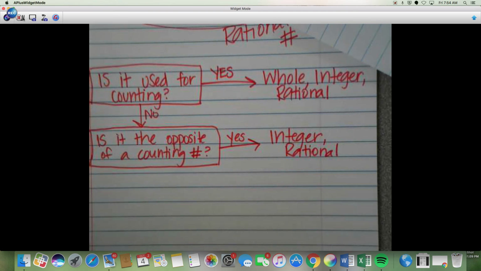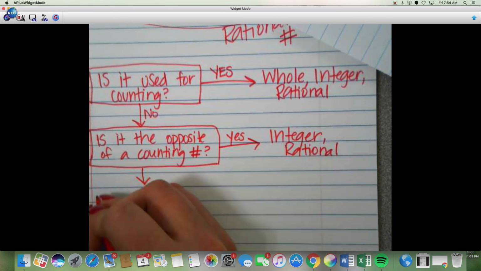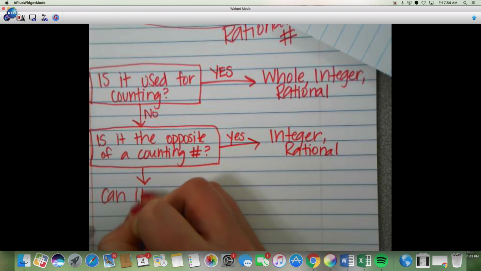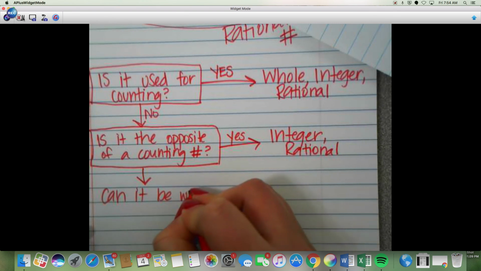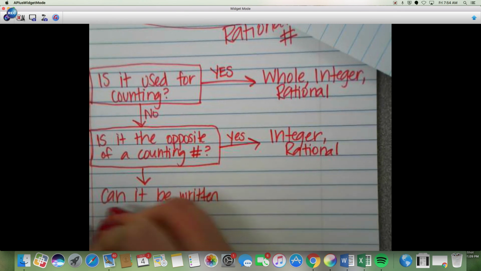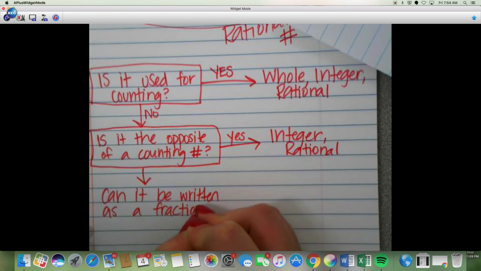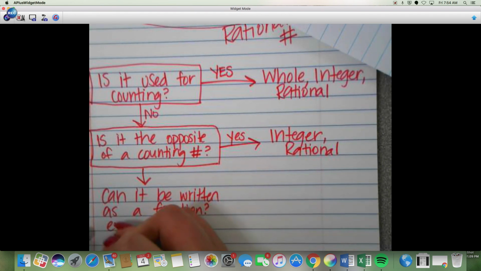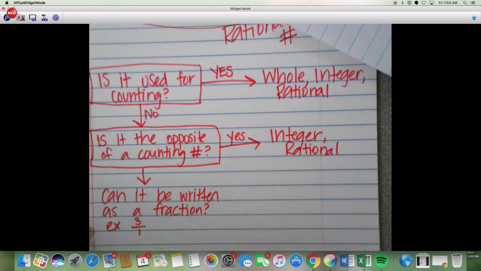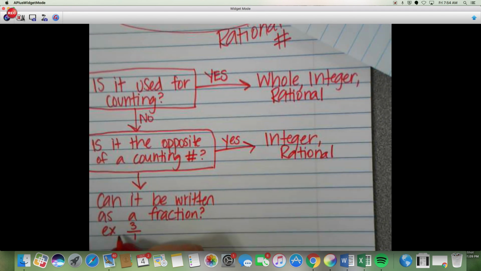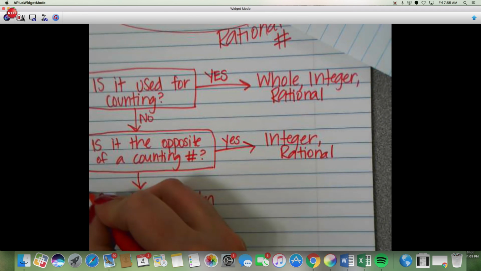The last question is, can it be written as a fraction? An example would be 3/1, or we could say -3/1, okay?